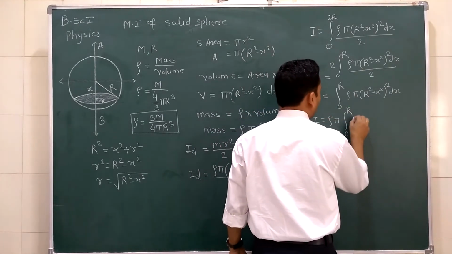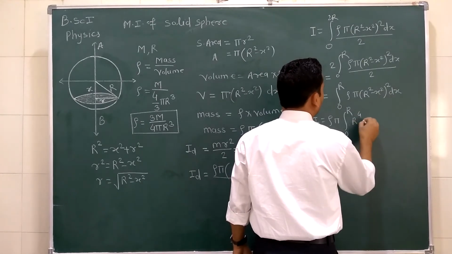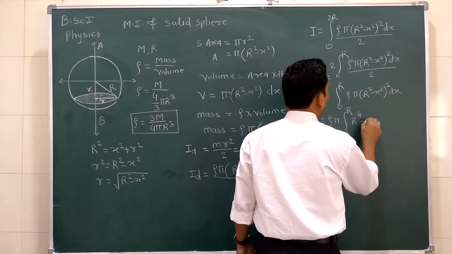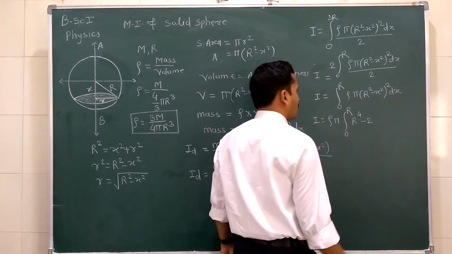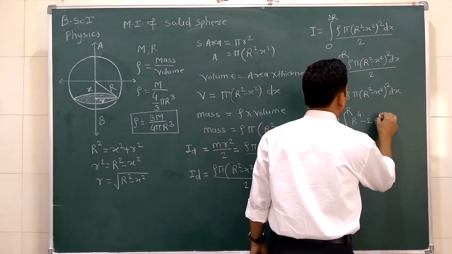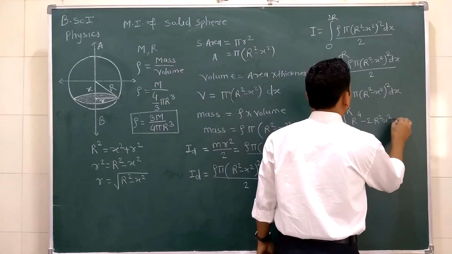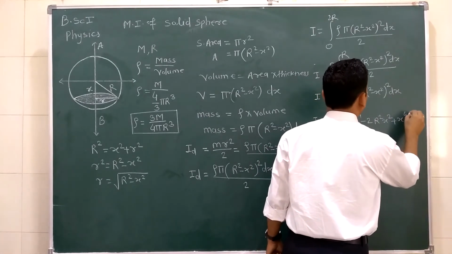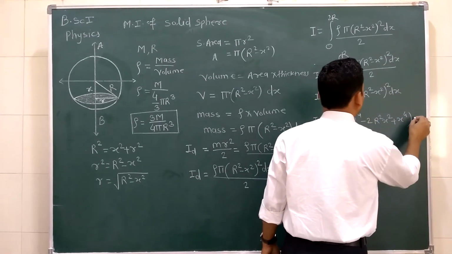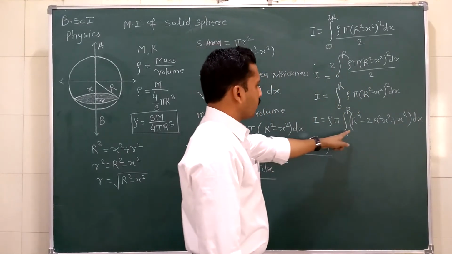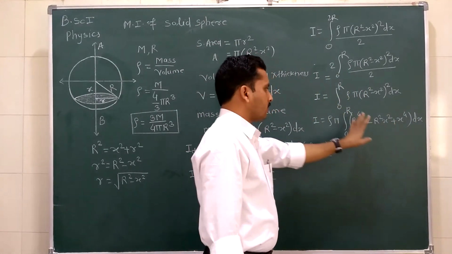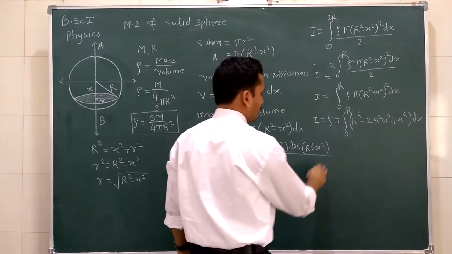So this is equal to r to the power 4 minus twice r square into x square plus x to the power 4, and it is totally multiplied by x. Now we are going to separate all these terms and take the integration as it is.